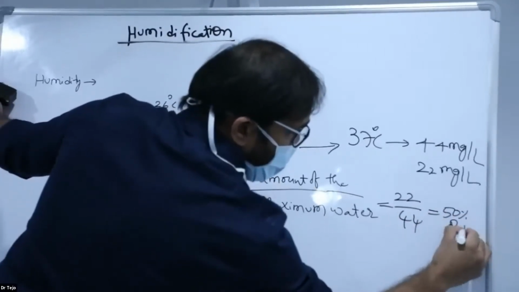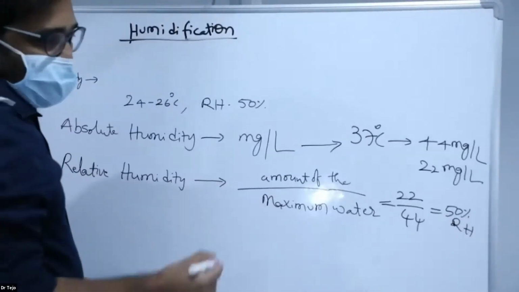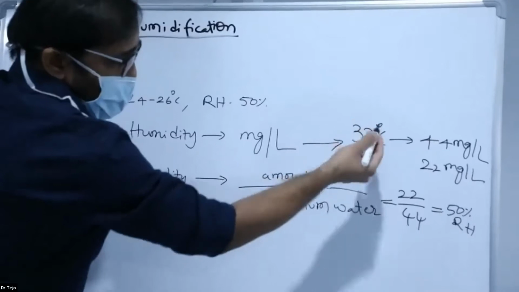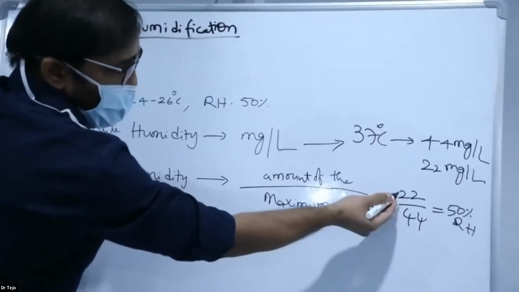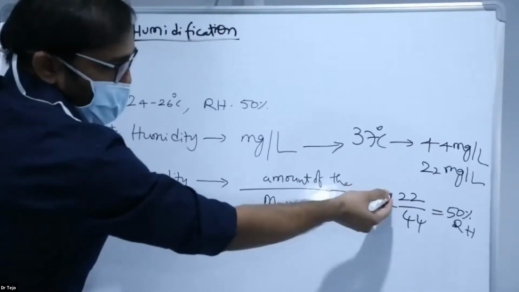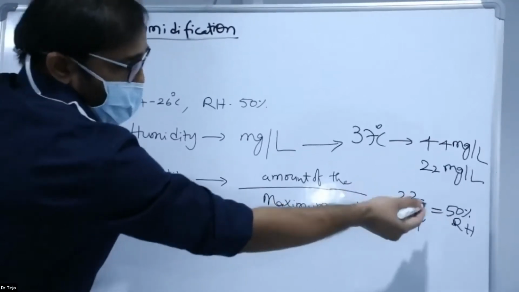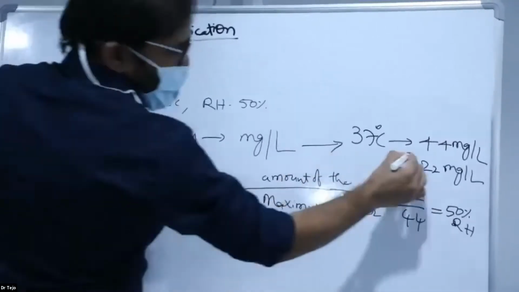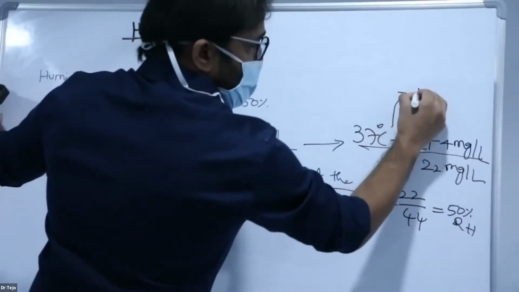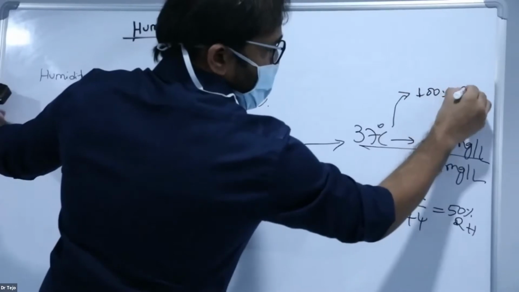Relative humidity is always expressed as a percentage. So the maximum amount of water vapor it can hold at 37 degrees is 44, but the amount of water vapor in the gas at that temperature is 22, so it is a 50% relative humidity. If it is 44 mg per liter, then we will take it as 100% relative humidity. The gas has 100% relative humidity.